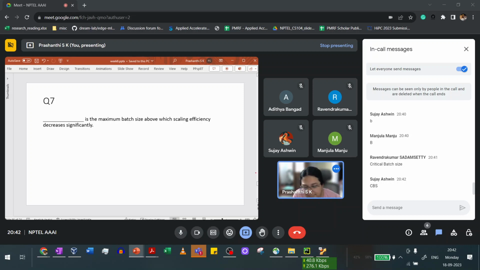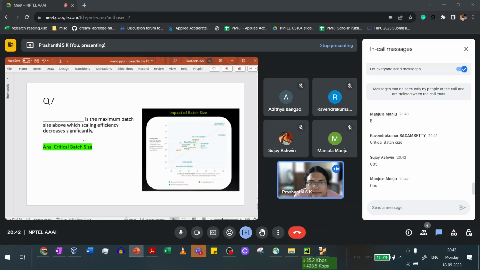Okay, same answer. Okay, let's look at it. It is critical batch size.